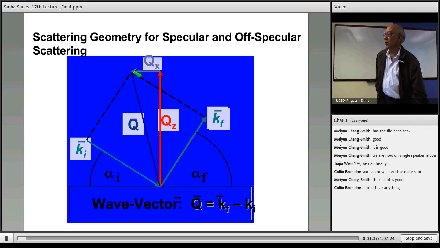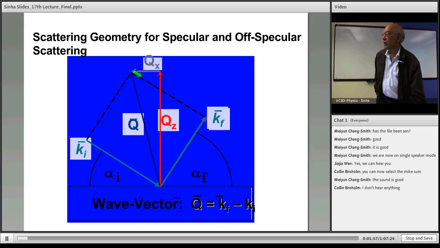And we have essentially grazing angles of incidence alpha I and alpha F for the incoming and the outgoing beam. Now, when these two angles are equal, then you have the specular reflectivity, as you know. Angle of incidence equals the angle of reflection.